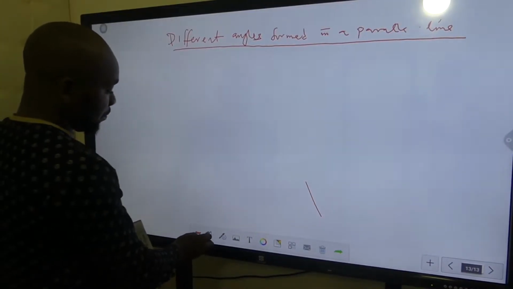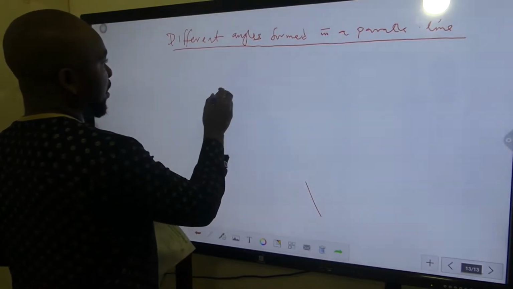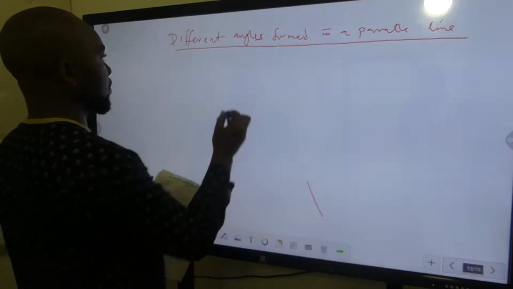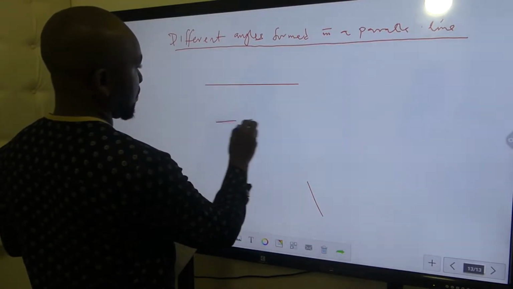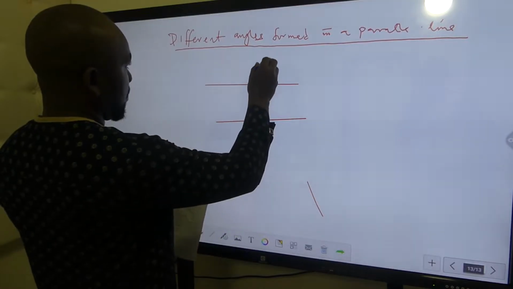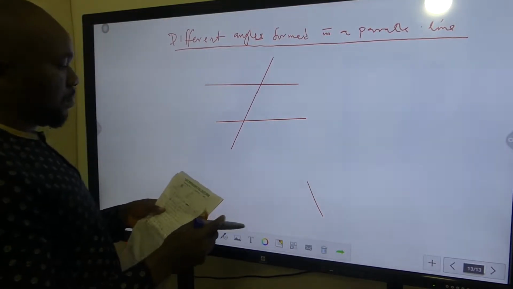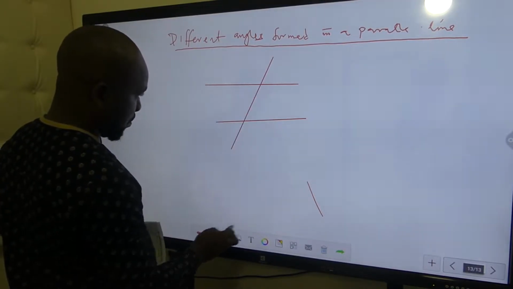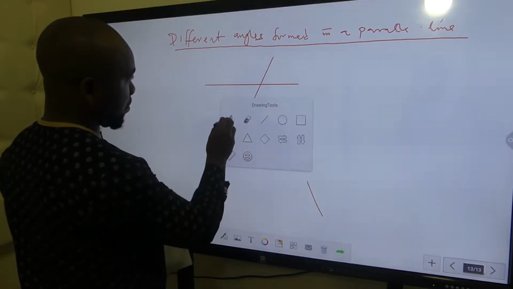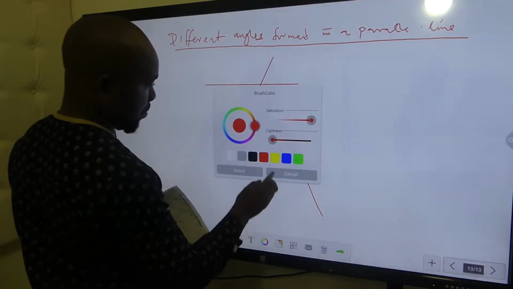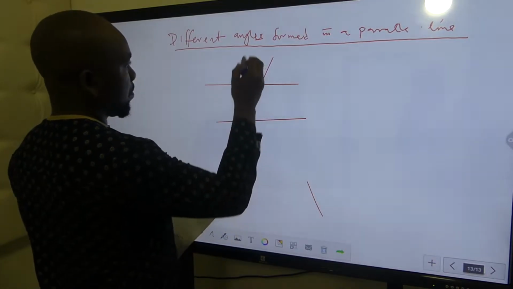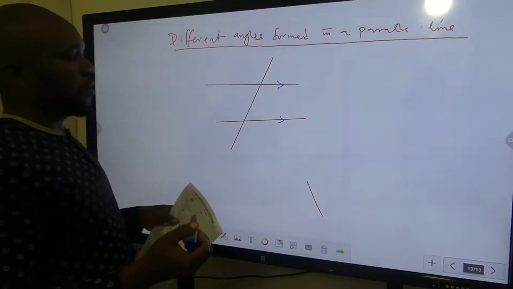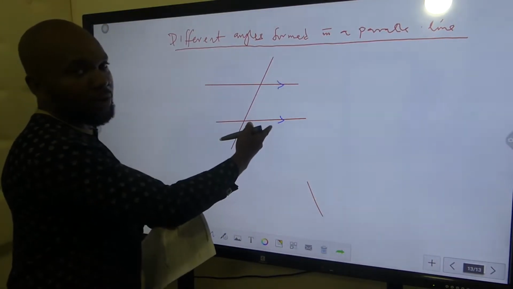For example, you have this. These two lines are known as what?